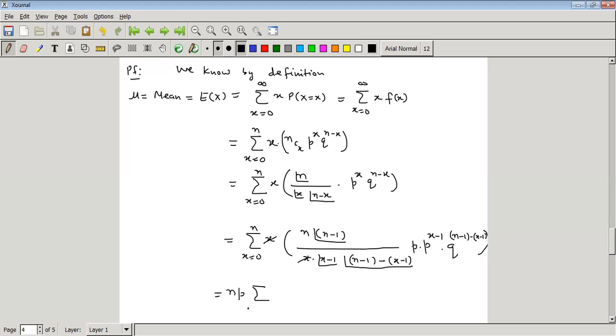Now our x starts from 0, instead of 0, it starts from 1. x is equal to 1 to n, n minus 1 factorial divided by x minus 1 factorial into n minus 1 minus x minus 1, into p to the power x minus 1 into q to the power n minus 1 minus x minus 1.